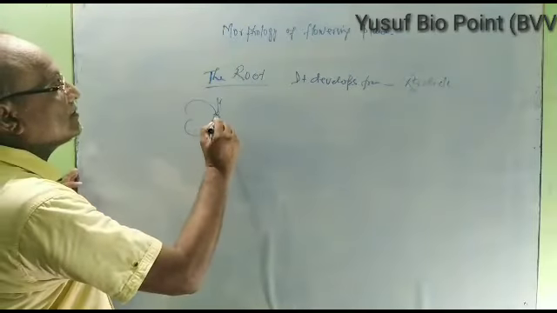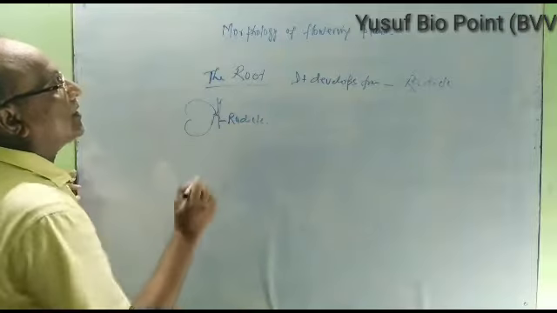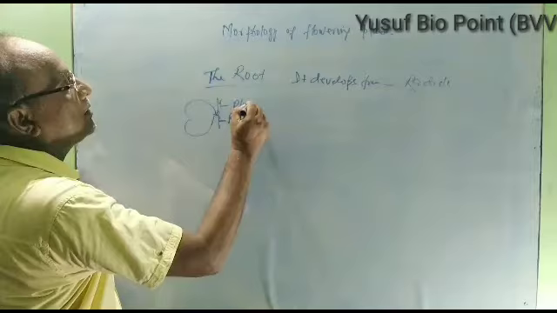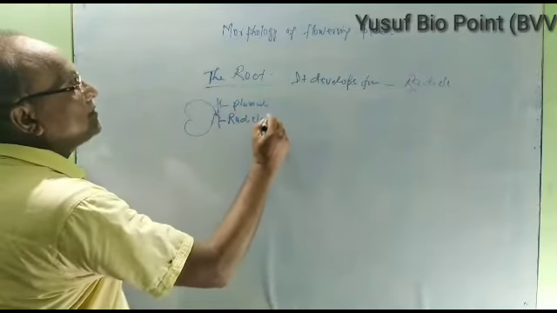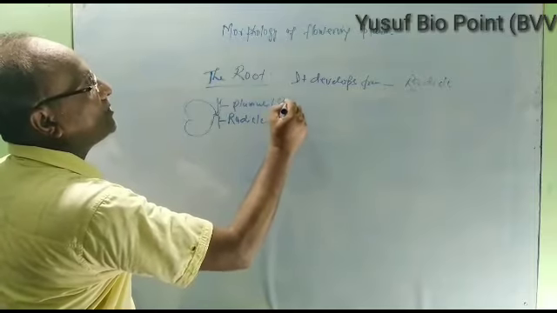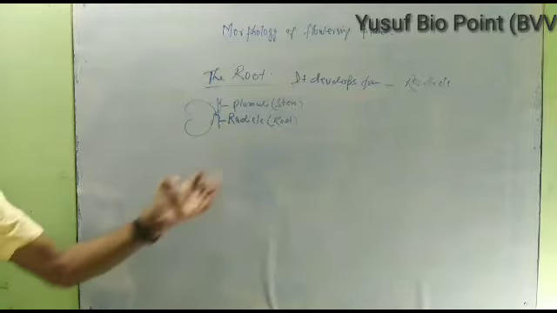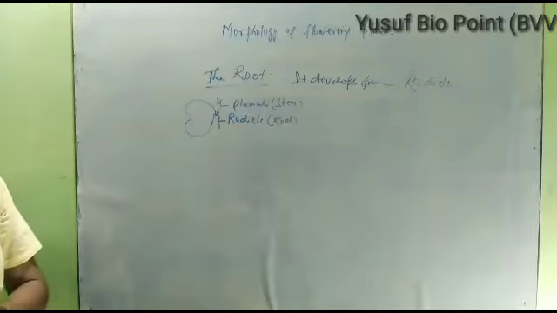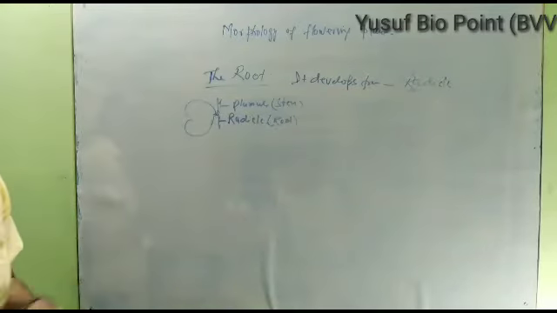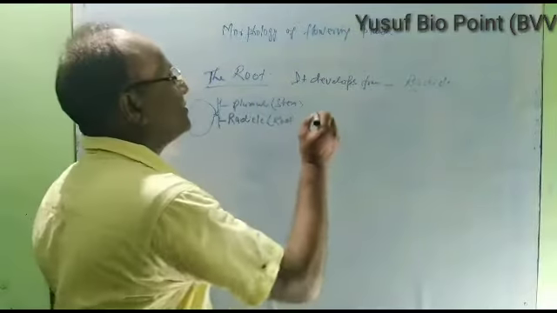The lower one is known as the radicle and the upper one is known as the plumule. The radicle develops into the root, and the plumule develops into the shoot system or stem. Now we have to study the root, and after that we shall study the stem.